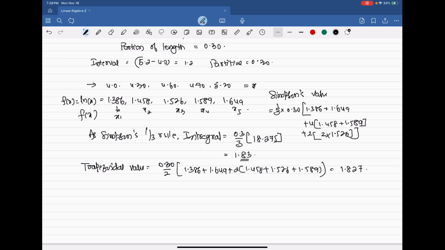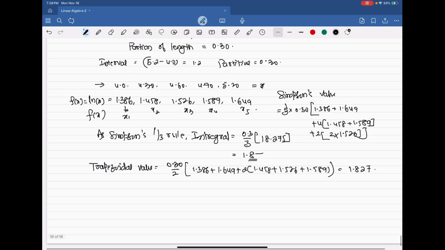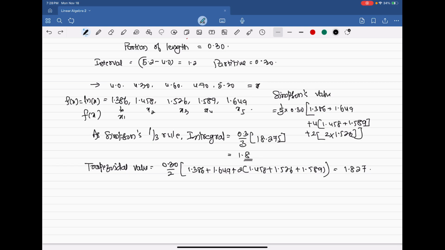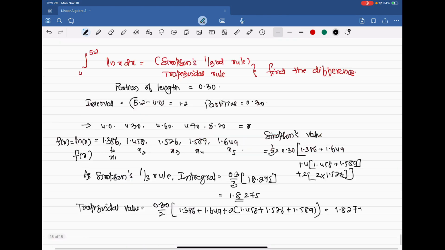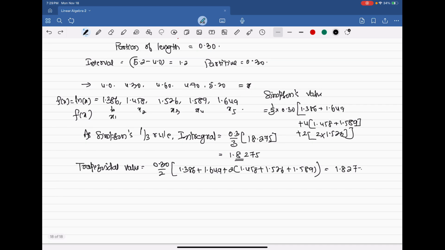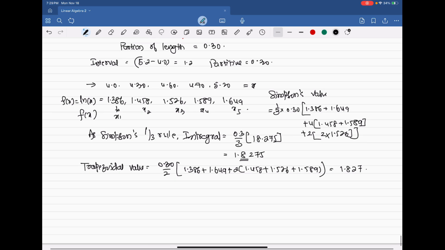Let us say to 3 or 4 digits, it is 1.8275. It is 1.82715.